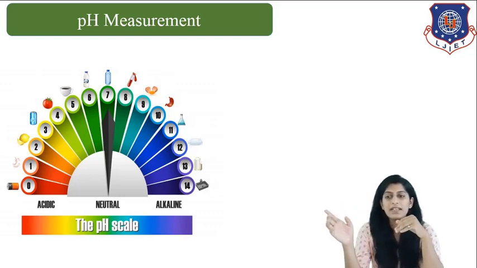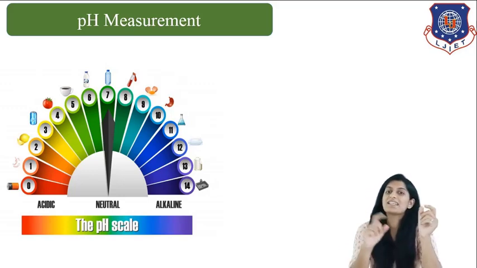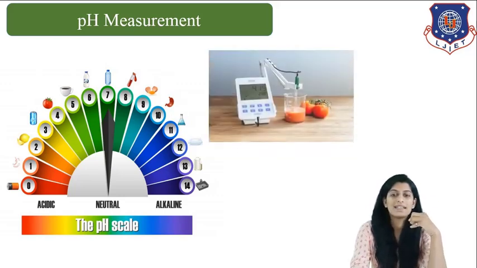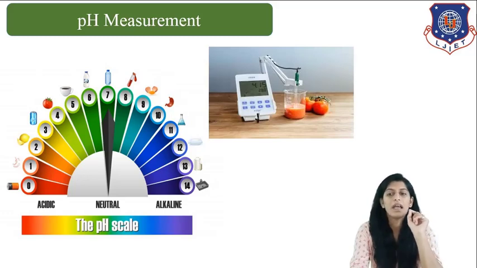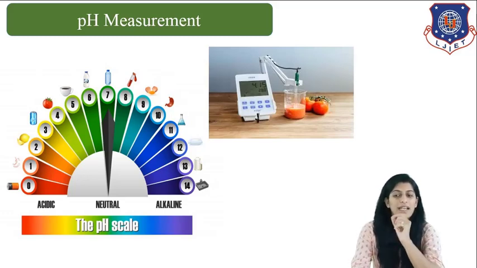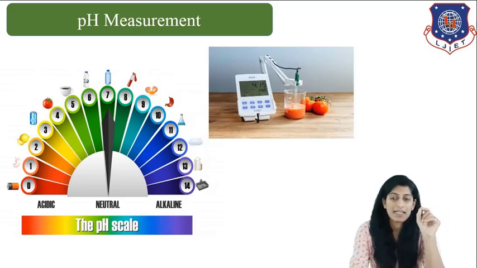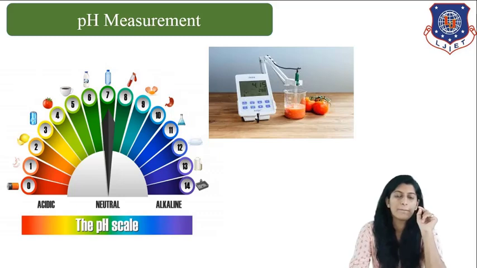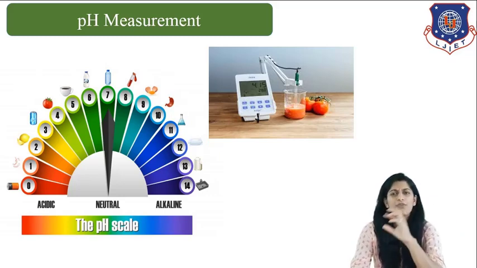There is a tomato kept in the range of 4, which is acidic in behavior. We know that it has a sour taste. Due to the acid present inside the tomato, it is considered sour, and that is why it is put in the acid range. It is generally in the range of 4 to 4.5. As you can see in this picture, when you measure the pH of tomato puree, it comes to be 4.15, or nearly 4 to 4.5.